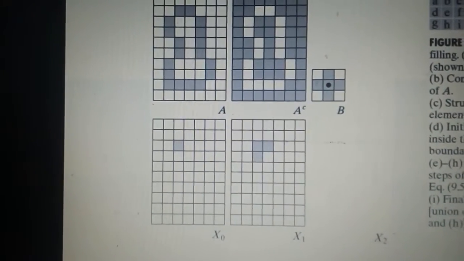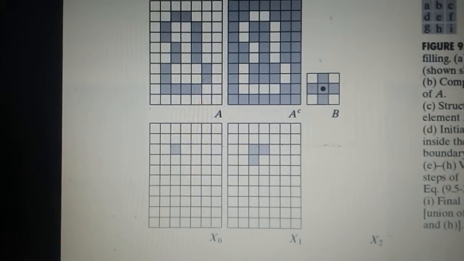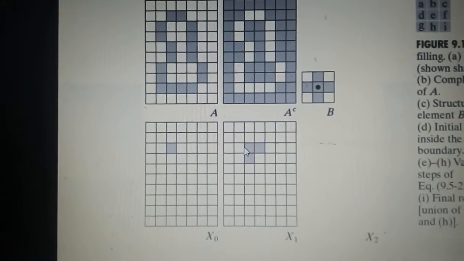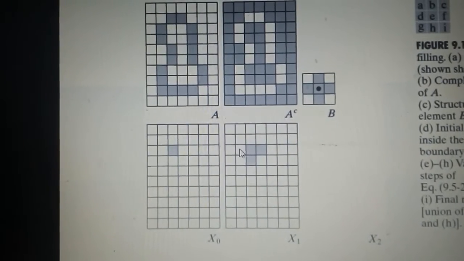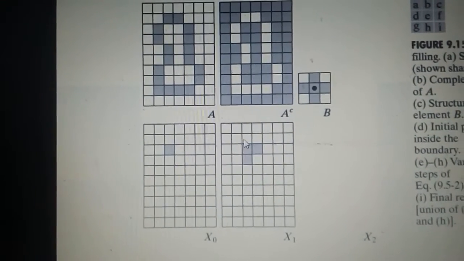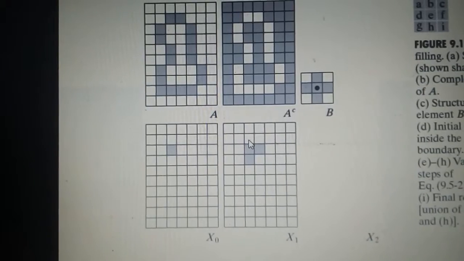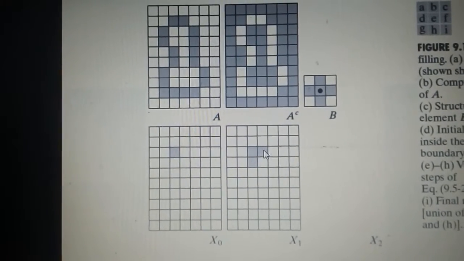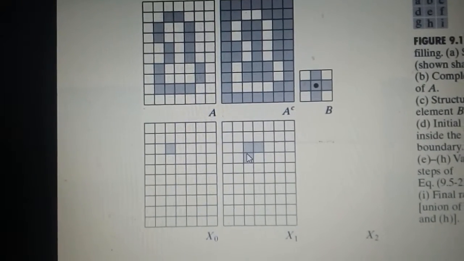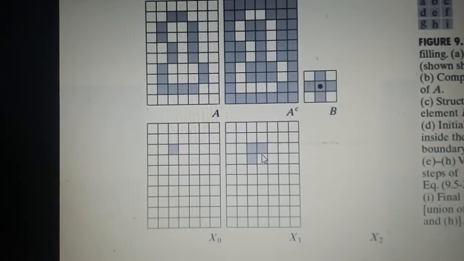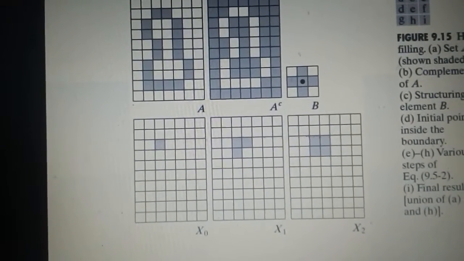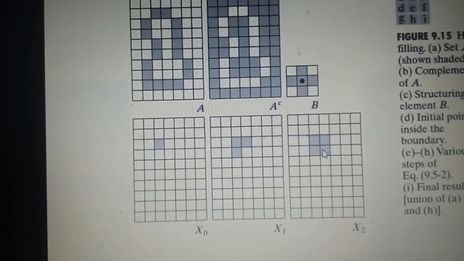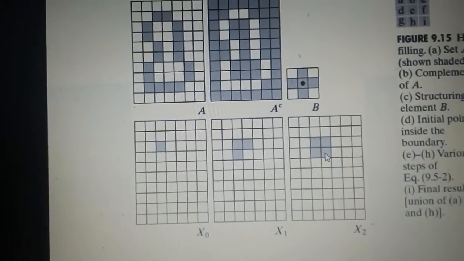In the next iteration we identify the next 2 points because you can move in only 4 directions, and there are no hole points here. These are the hole points, so we fill these 2. Next, in the next iteration we fill the next hole that is connected to that.